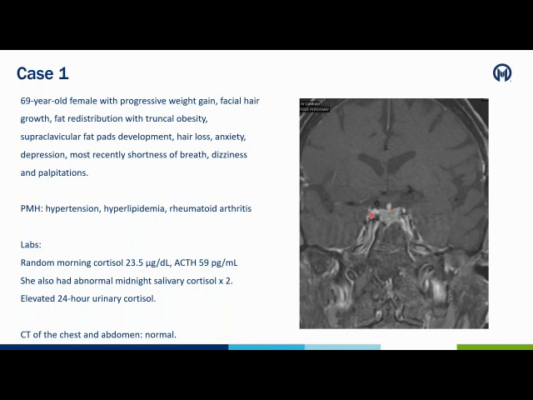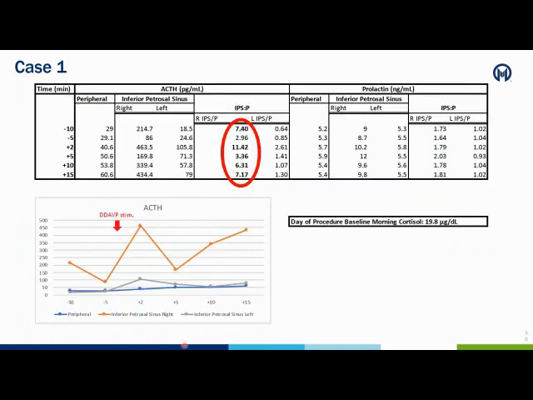MRI of the pituitary gland was equivocal. It looked like a normal gland, maybe some area of hypoenhancement, but we could not find definitive evidence of tumor in the pituitary gland. Then we proceeded with IPSS, and that's what the result looks like. We take all these blood samples and chart them to see how they look.